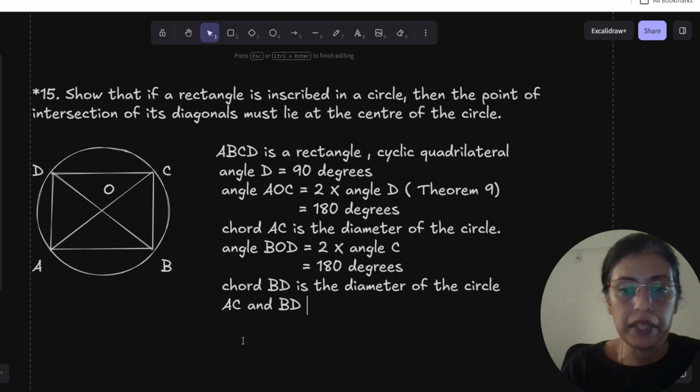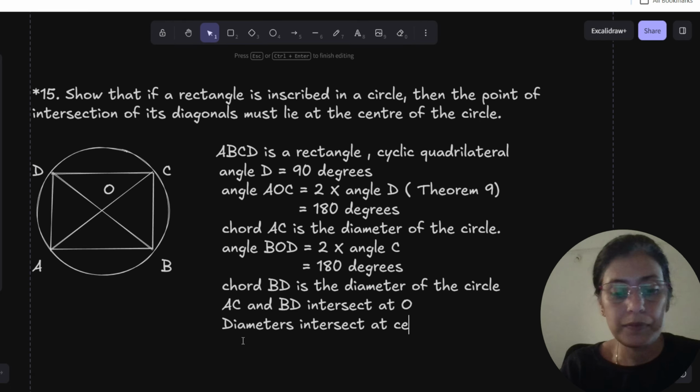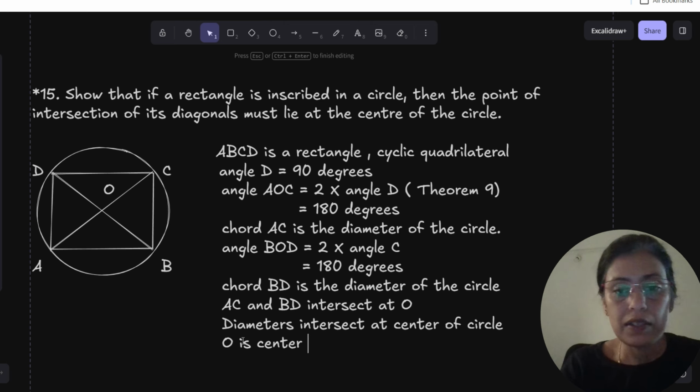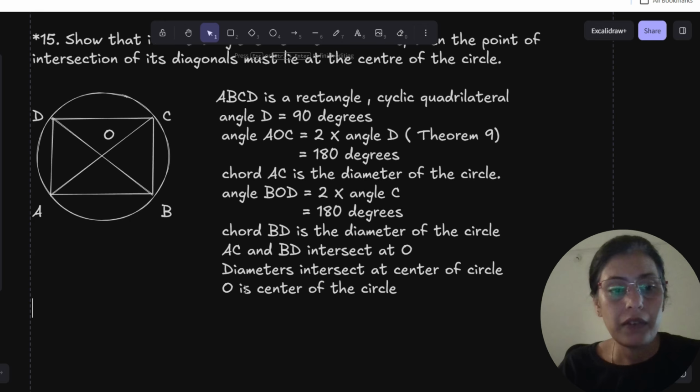AC and BD intersect at O. So two diameters, when they are intersecting, intersect at the center of the circle. So we can say that O is the center of the circle, right?